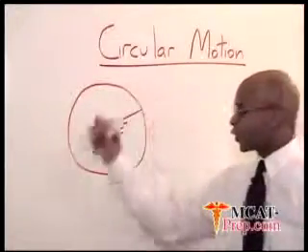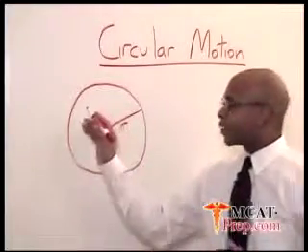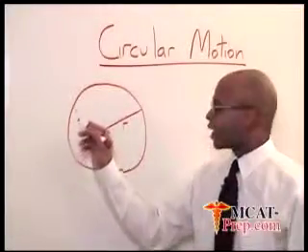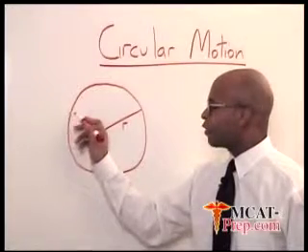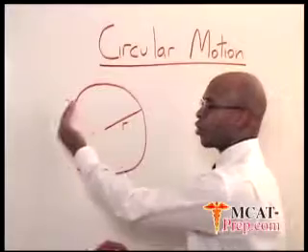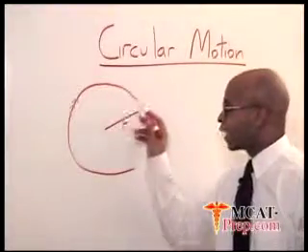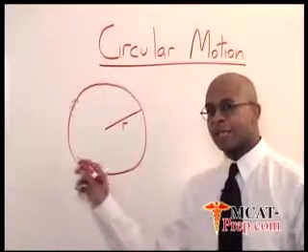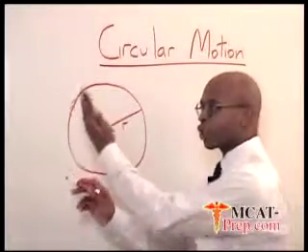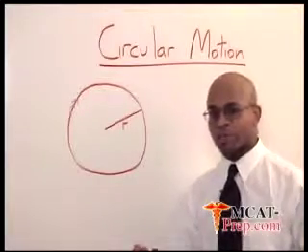Now this is a circle, as best as I can draw it. And a circle, one can imagine, is a series of infinitesimally small lines which are always changing direction. So if you're moving at constant speed in a circle, your direction is always changing, therefore you have an acceleration.